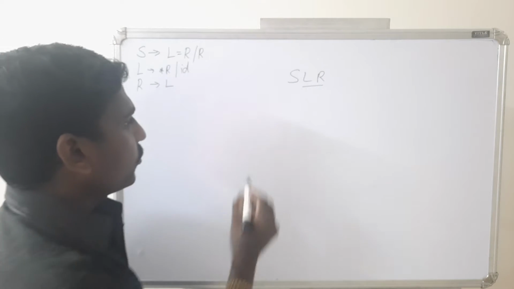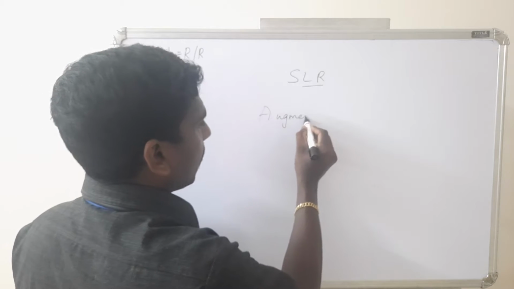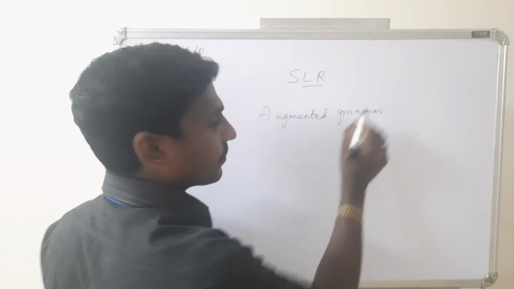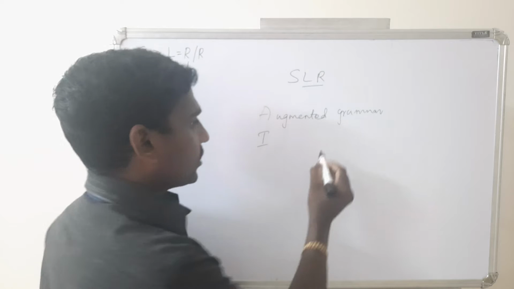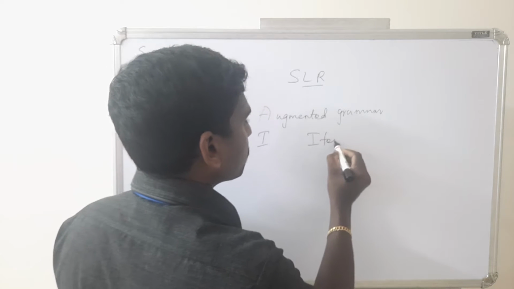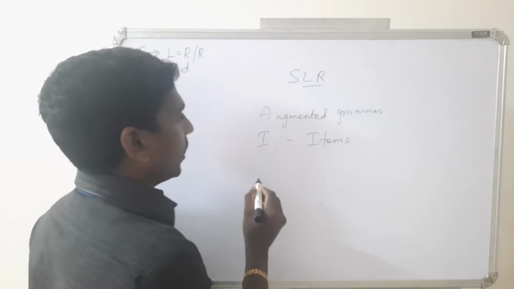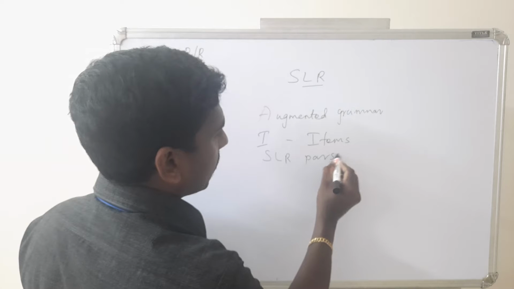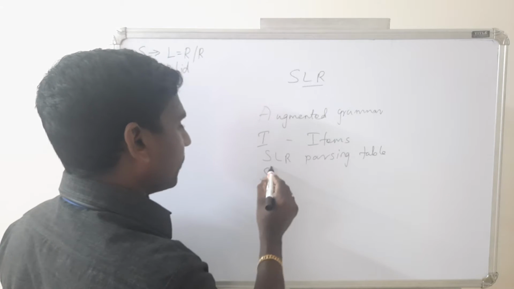There are a few steps to understand. First, we have to find the augmented grammar. Second, we have to find the I function, that means the items; I stands for items of all the augmented grammar, which I will teach you. Third, we have to find the SLR parsing table. And then we have to find the stack implementation.